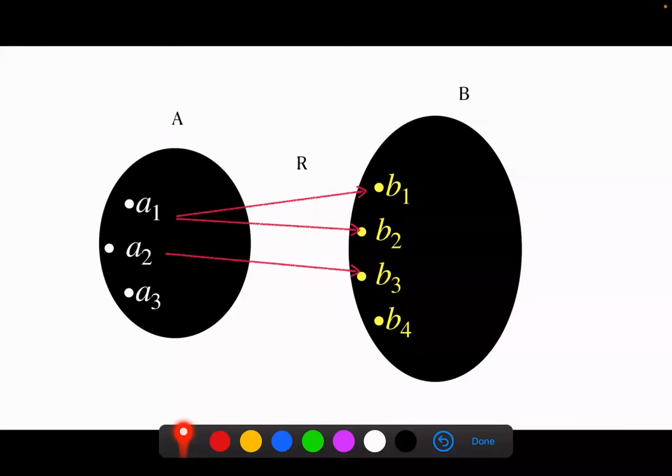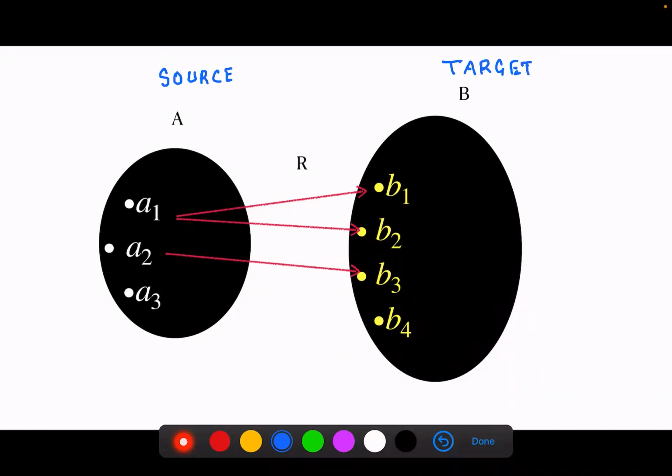You're making some kind of connection here. So for those reasons, maybe it is a helpful idea to think of A as the source. So A is a source set, and B is a target set. You can actually use some other words.